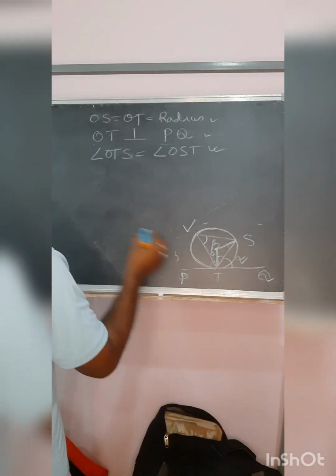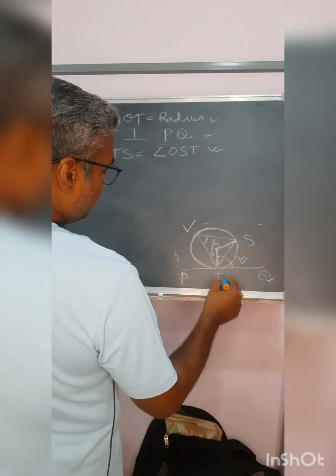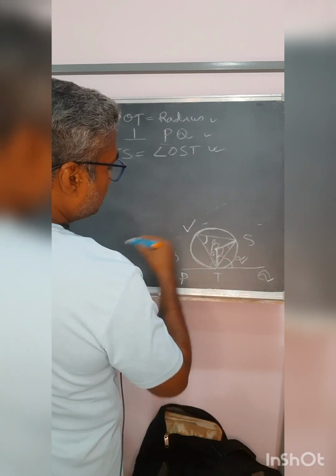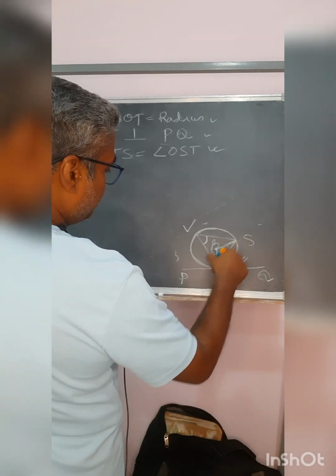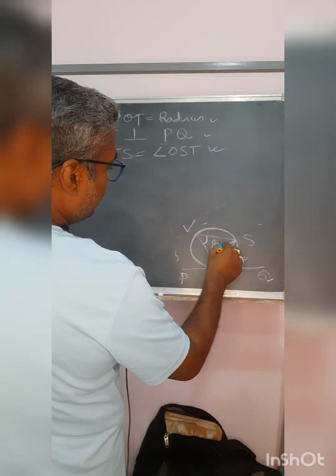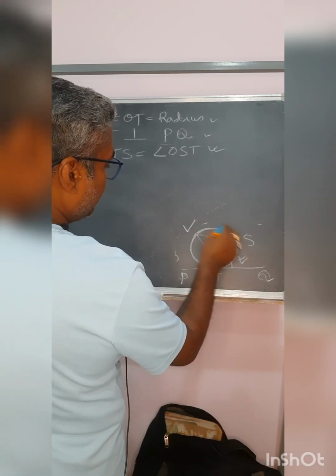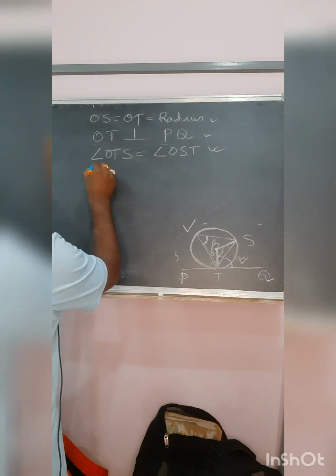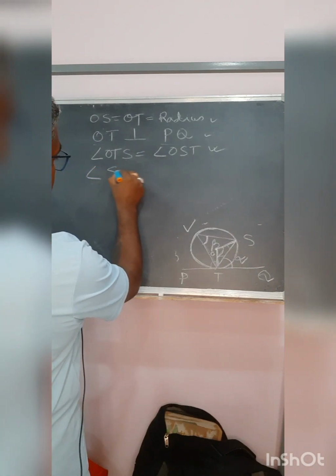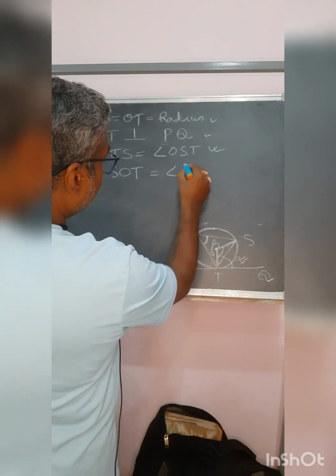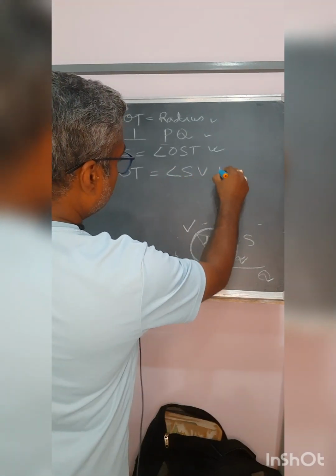Now, another property of the circle is that the angle formed at the center is twice the angle formed at the periphery on the same chord. So in that way, angle SOT is twice angle SVT.